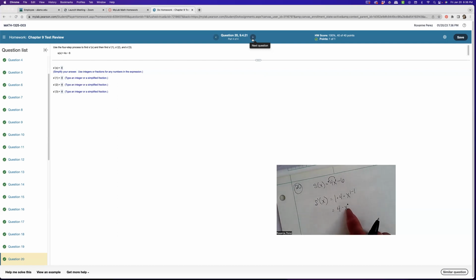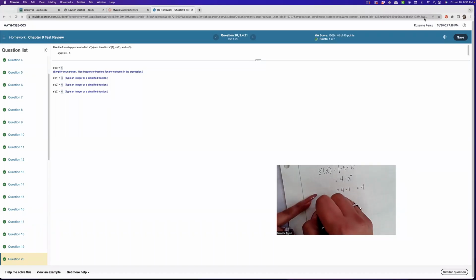And anything that is a variable or a number raised to the 0 power is a 1. So our answer is 4 times 1, which is just equal to 4. Okay, so let's rewrite our first derivative. S prime of x equals 4.